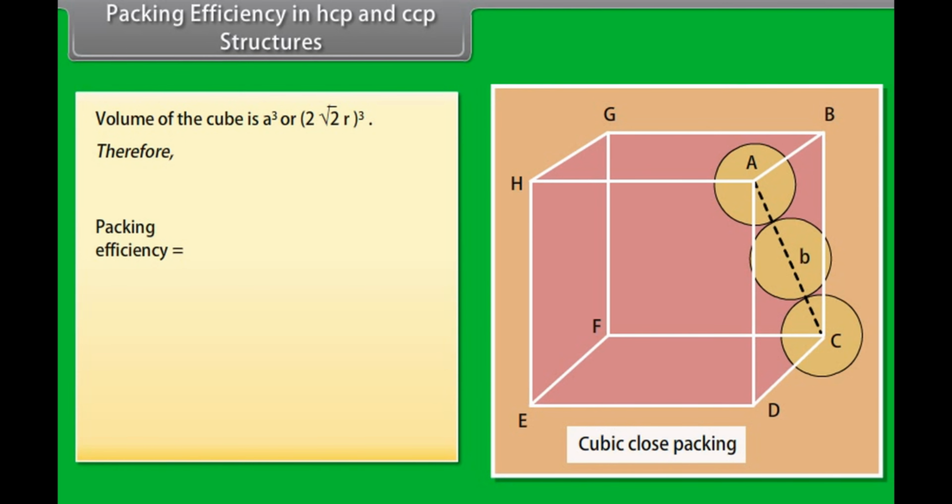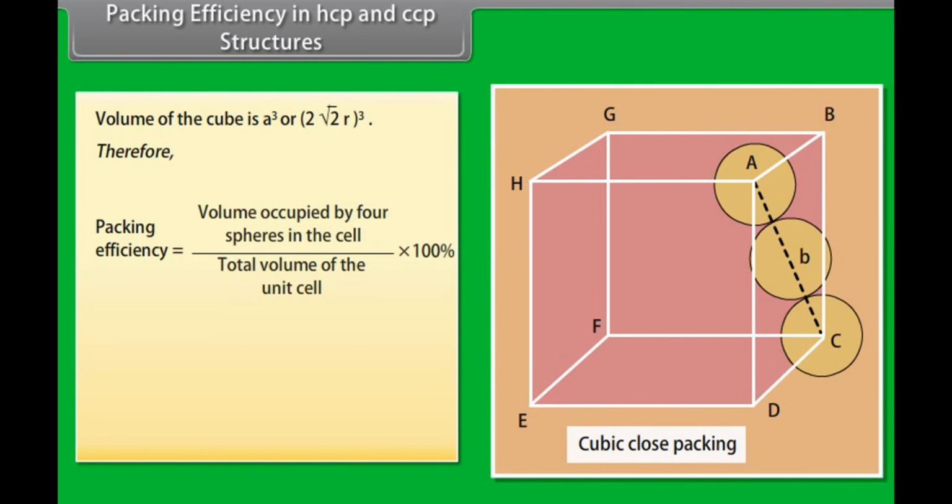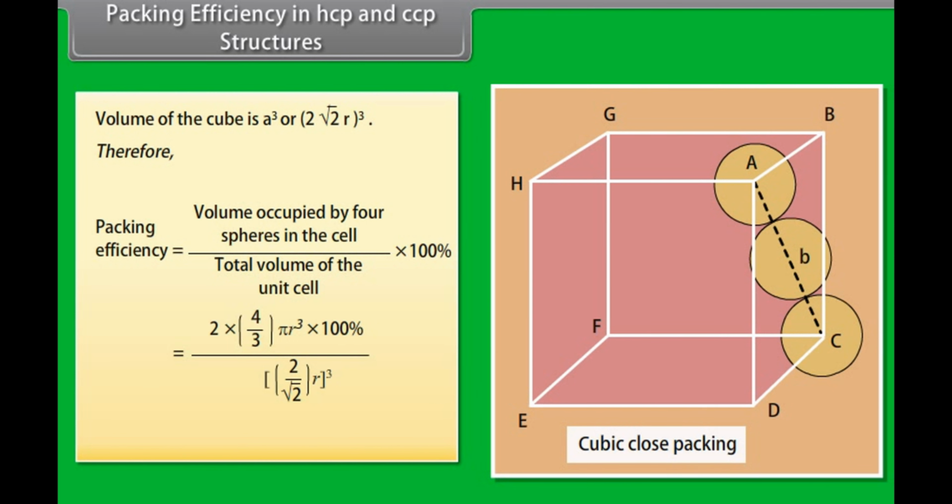Therefore, packing efficiency is equal to volume occupied by 4 spheres in the cell × 100 upon total volume of the unit cell %, which is equal to 4 × 4/3 πr³ × 100 upon (2√2 r)³, which is equal to 74%.